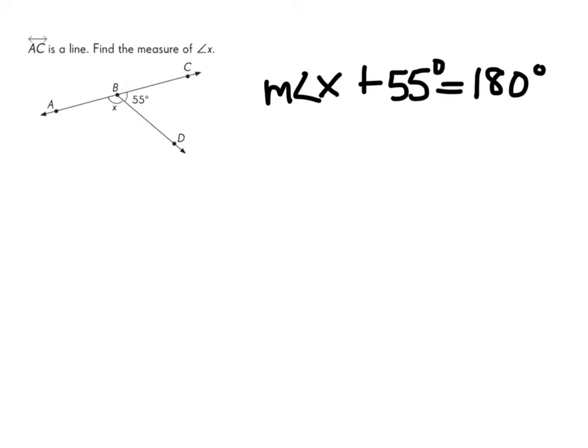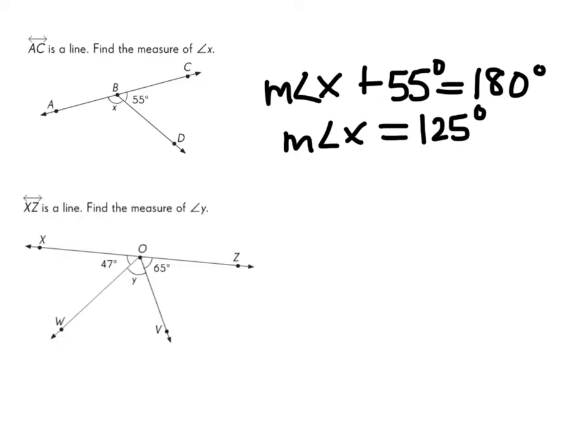We can now solve for the measure of angle X by subtracting 55 degrees from both sides of our equation, leaving us with 125 degrees. This is like a review from algebra, correct? So angle X equals 125 degrees.